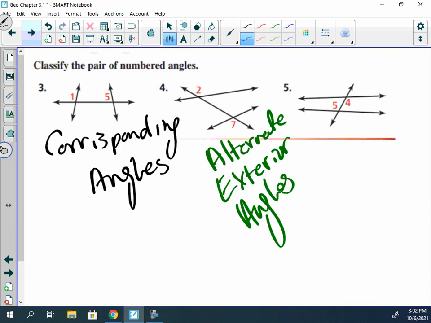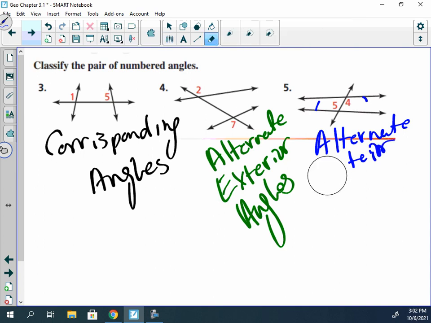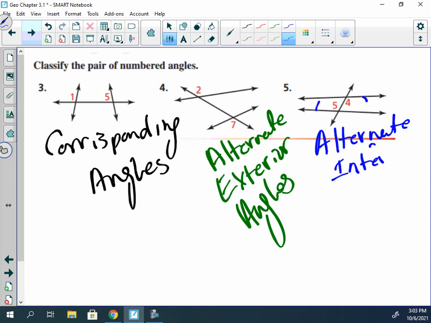Awesome. And lastly, this one here. Yes. Alternate, because they're not on the same side of the transversal. One's over here and one's over here. And they are on the inside. Interior. I don't think I spelled that right. I-N-T-E-R-I-O-R, interior. Angles.